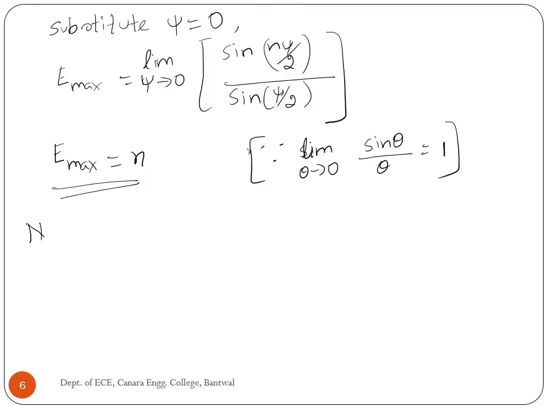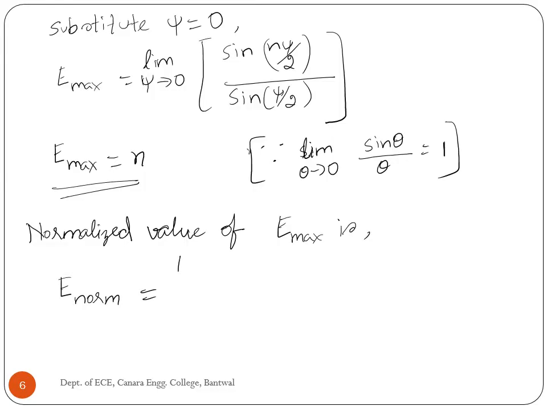Normalized value. Normalized value of electric field intensity: E normalized is equal to total electric field intensity divided by maximum electric field intensity.